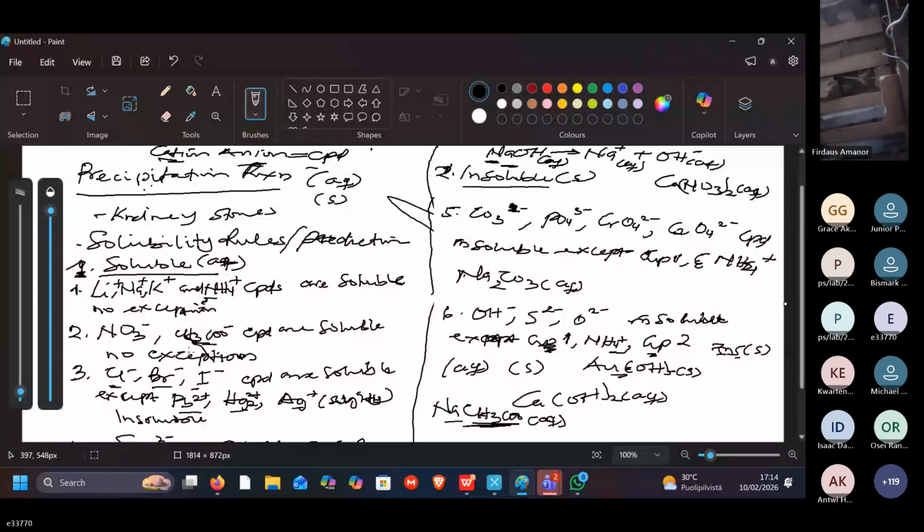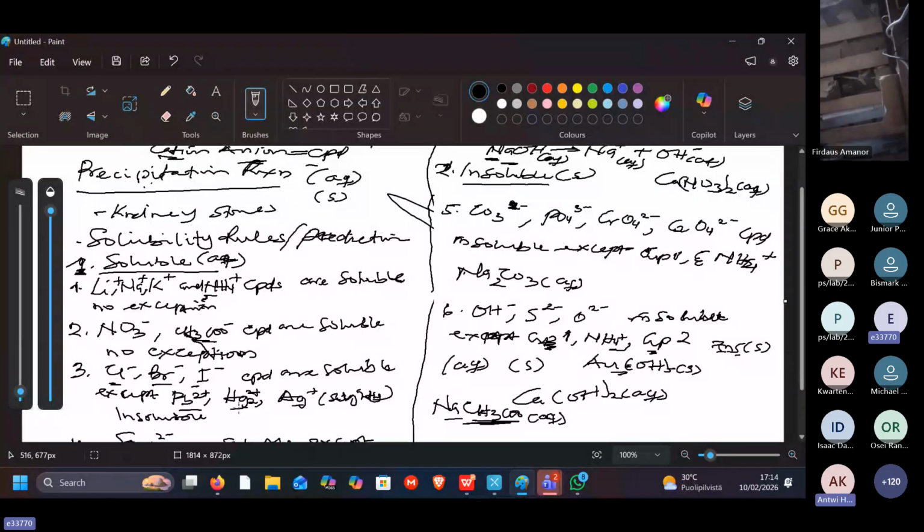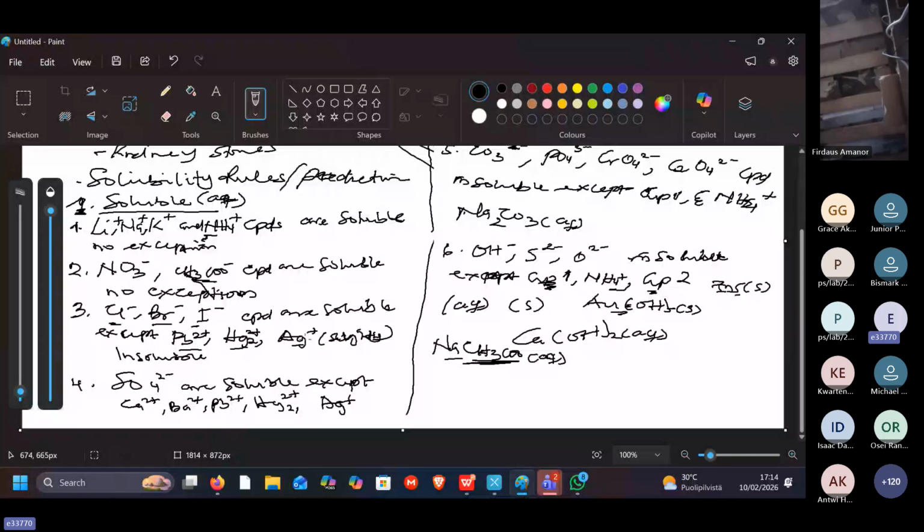Yes, sir. Okay. Now, from this rule, which I guess you can remember, once I give you a compound, you should be able to predict its state, whether it is going to be aqueous or solid. For the other phases, liquid and gas, these are pure states where molecules come in their own form.